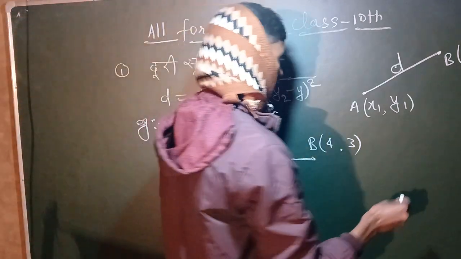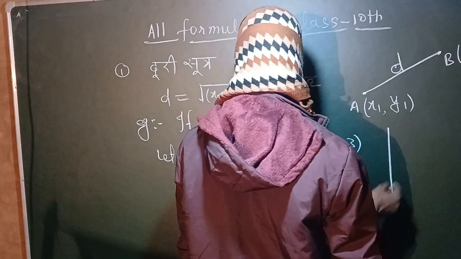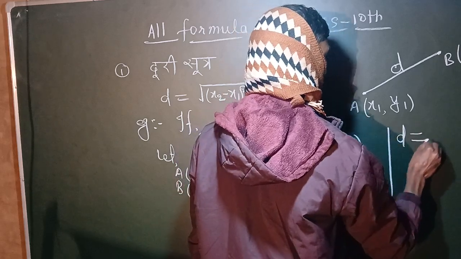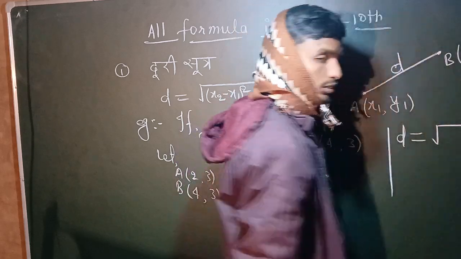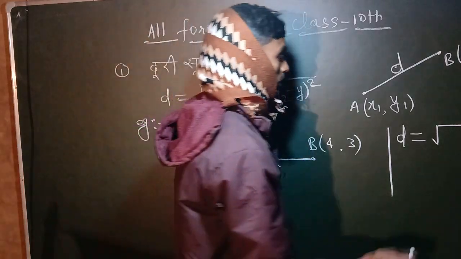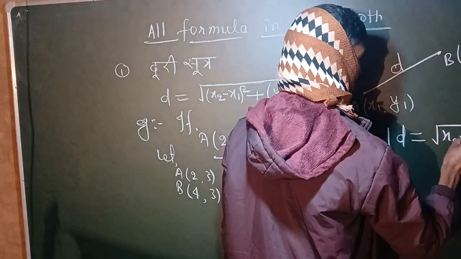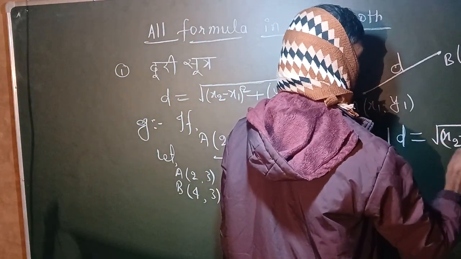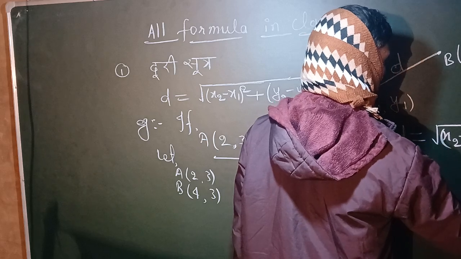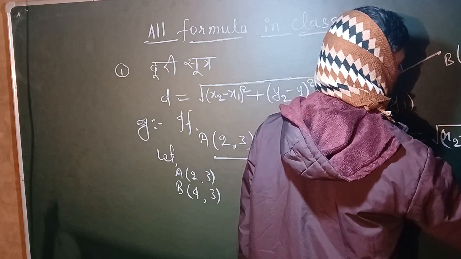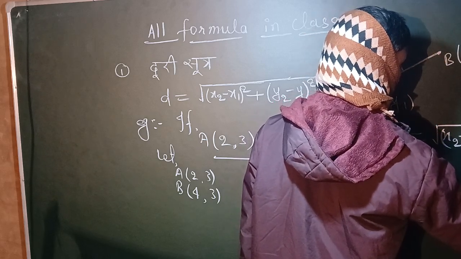I will find the distance. D equal to under root x2 minus x1 का स्क्वायर प्लस y2 minus y1 का स्क्वायर.